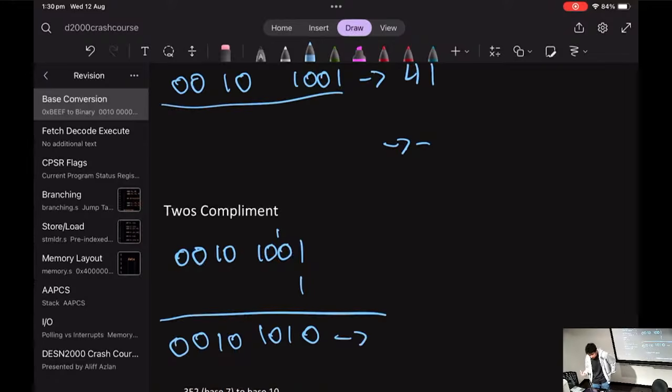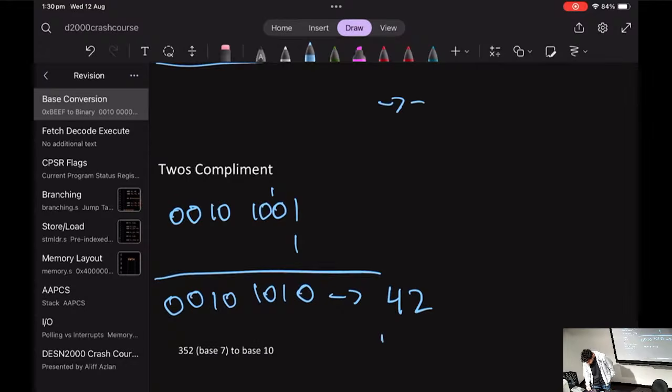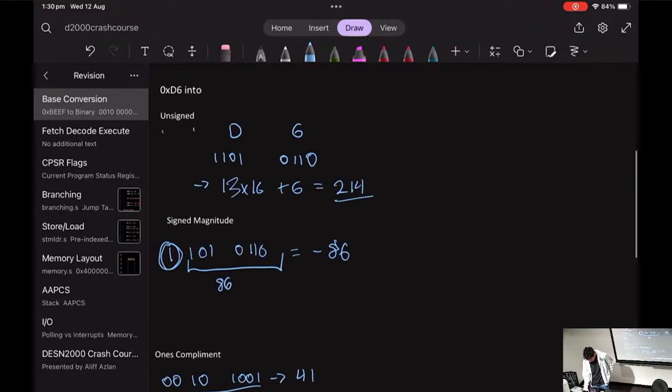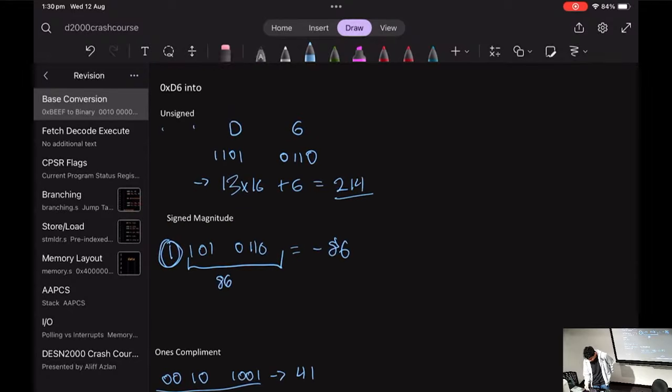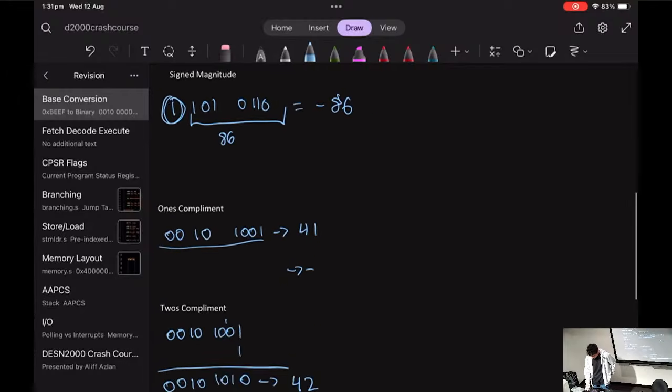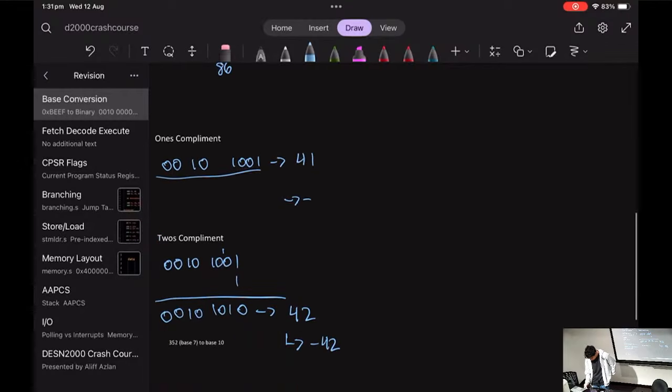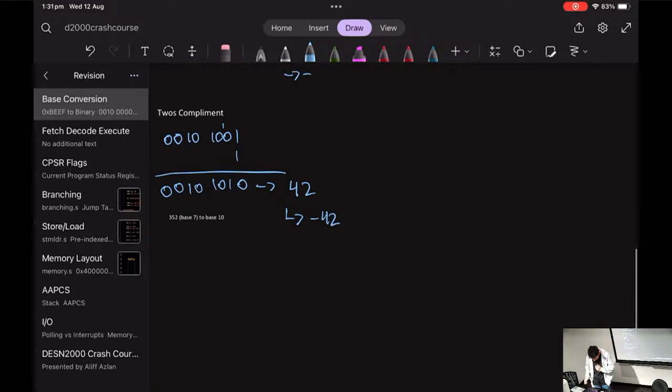Whatever this number is, it's the negative representation of what we had. Let's convert that into decimal, and we get 42. So our original number was negative 42. So D6 into unsigned was 214, D6 into signed was negative 86. Then we had negative 41 and negative 42. Okay, cool.